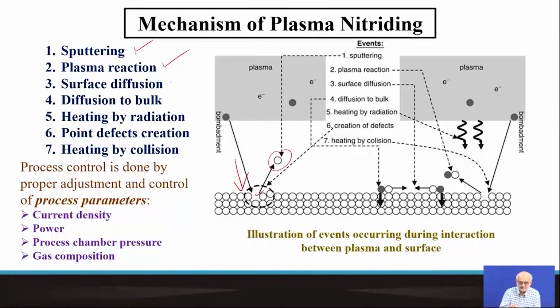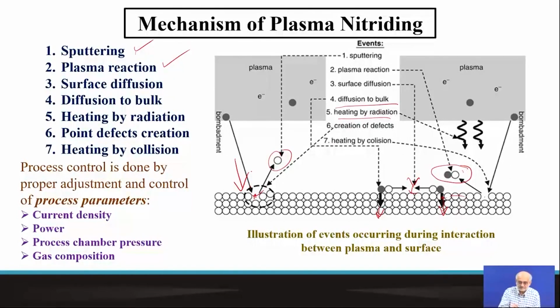So sputtering is followed by plasma reaction. The plasma reacts with the surface and forms certain compounds. Then surface diffusion is possible, and after surface diffusion, the surface-adsorbed atoms could diffuse further in, through a thermally activated diffusional process. We also see a radiative heating process, because once we create the plasma, there is a lot of radiation inside the chamber.